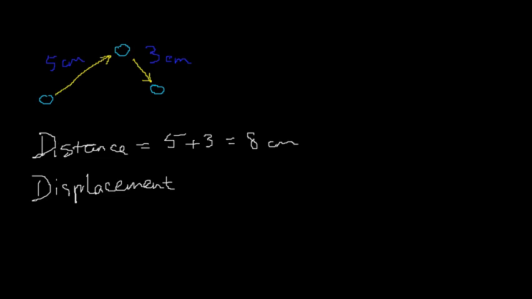In this case, we have a direction along here of 5 centimeters and a direction along here of 3 centimeters. Now, it's easy just to add the lengths, but what does it mean to add the direction? I can, for example, add the angles of each of these lines, but that's not very meaningful.